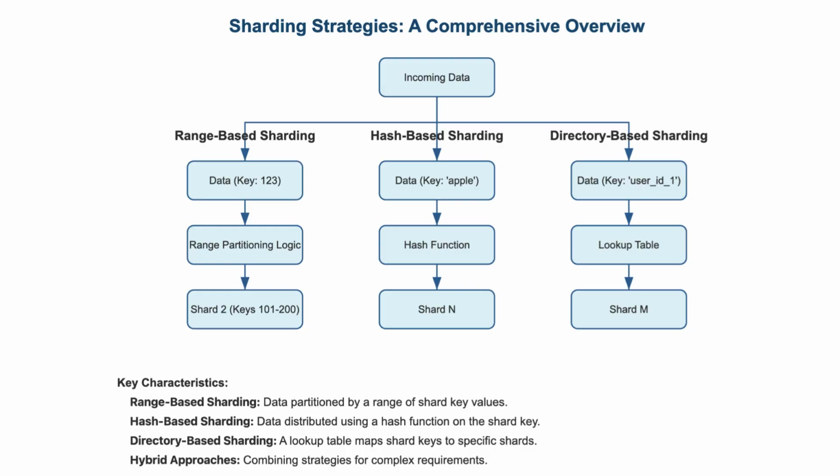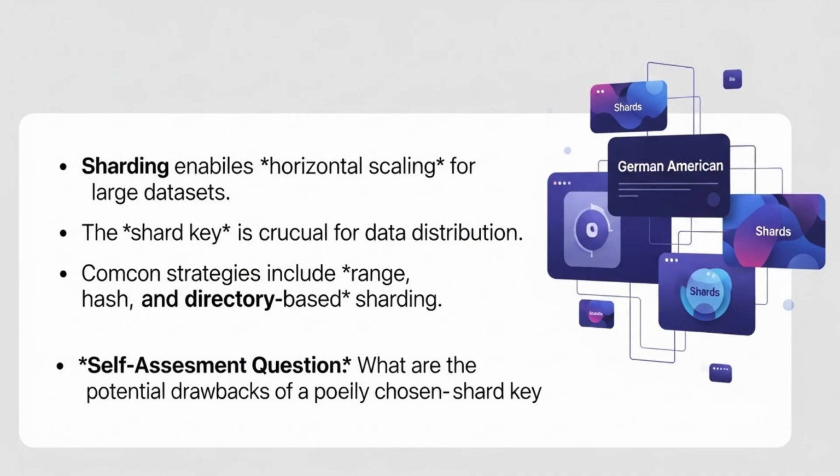This offers maximum flexibility, allowing for easy rebalancing and adding new shards, but it introduces an extra lookup step, and the directory itself becomes a critical component that needs high availability. And finally, for more complex requirements, hybrid approaches are common, combining elements of these strategies to leverage their strengths and mitigate their weaknesses. The choice heavily depends on your application's specific access patterns, data growth, and consistency needs.